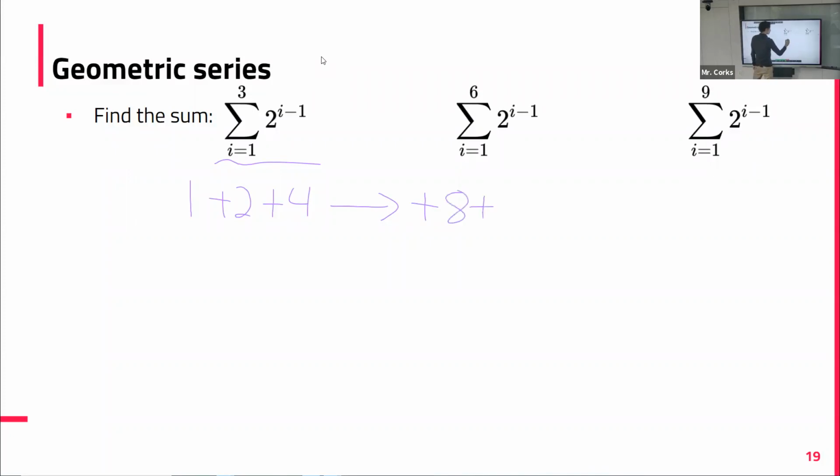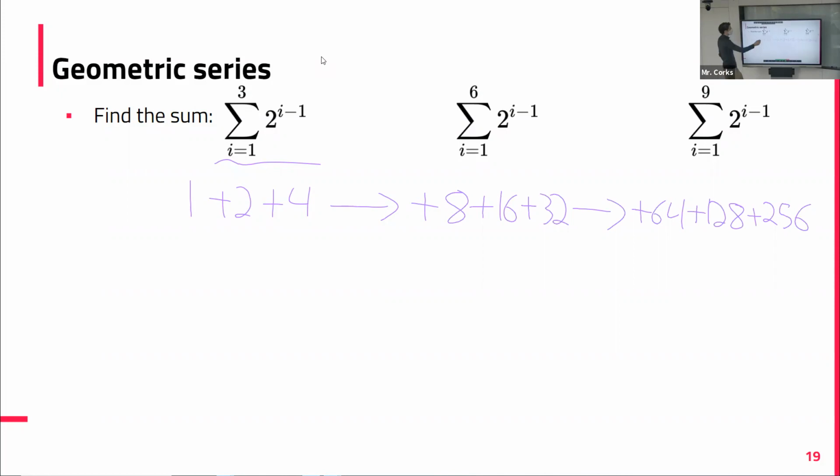And 16. Okay. Also just powers of 2 again. And if we continue that here, 32, 64.